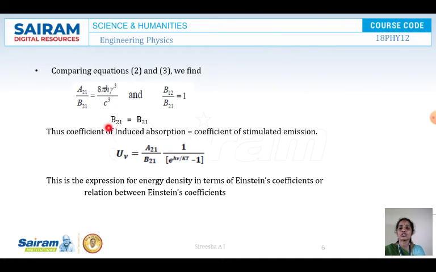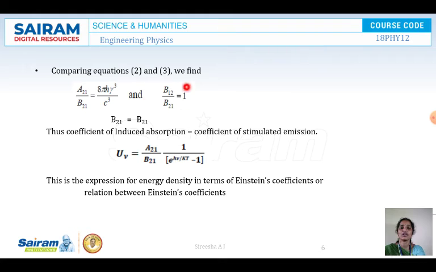Here B21 is Einstein's coefficient of stimulated emission, and B12 is the coefficient of induced absorption. Thus the coefficient of induced absorption is equal to the coefficient of stimulated emission. Therefore, U nu can be written as A21 by B21 into 1 by (e to the power of h nu by kT minus 1). This is the expression for energy density in terms of Einstein's coefficients.